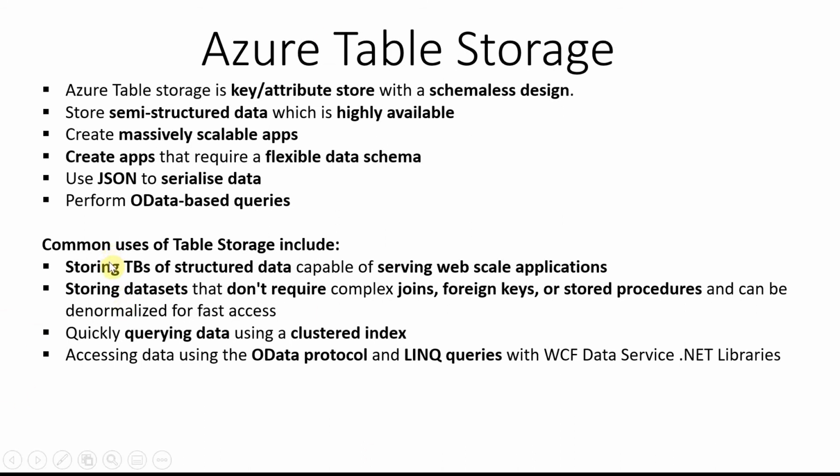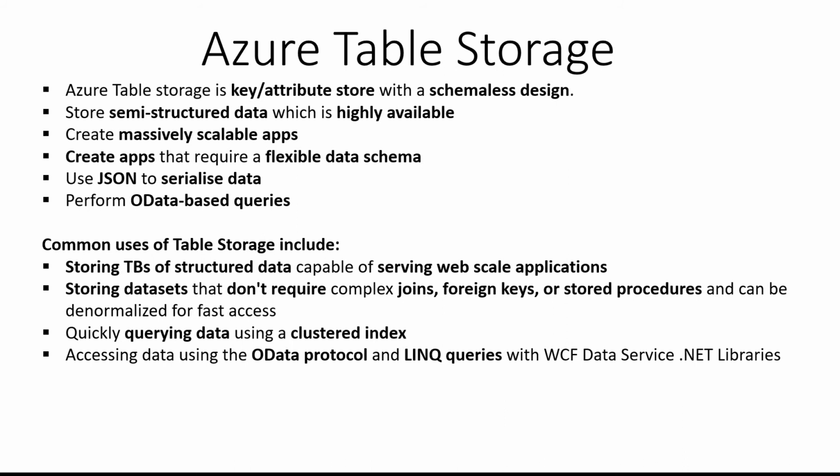Coming to the common use cases: when you have to store terabytes of structured data and it needs to serve at web scale, then you can use table storage. The data sets stored here don't require any complex joins like a typical RDBMS.